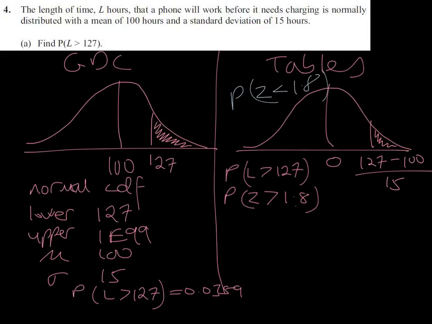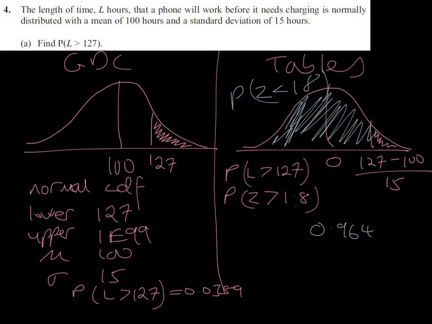So the tables are going to give us this region here. If we use the tables, we can find that the probability that Z is less than 1.8 is 0.9641. But obviously we don't want this blue area here. We're interested in this area.